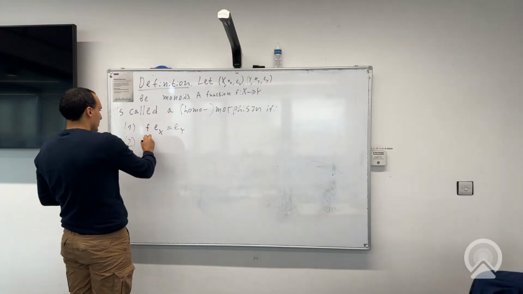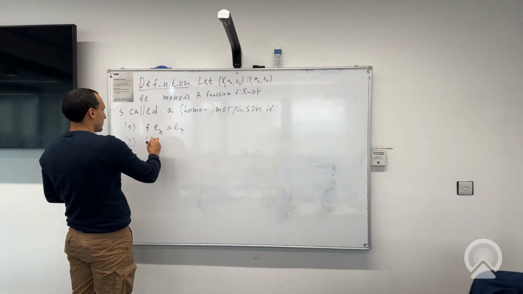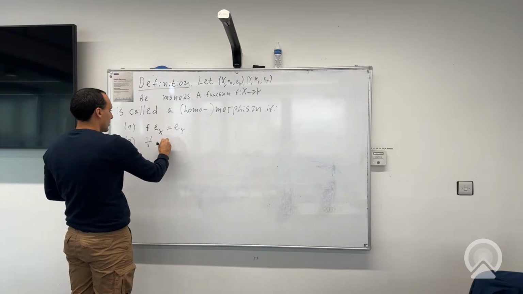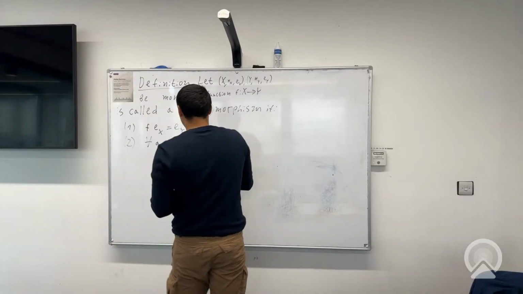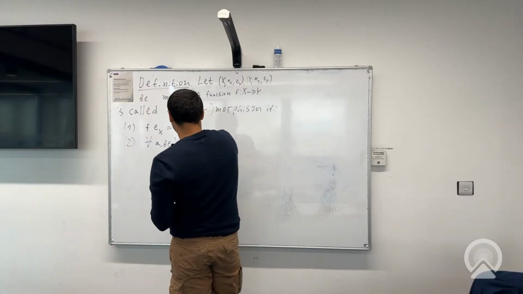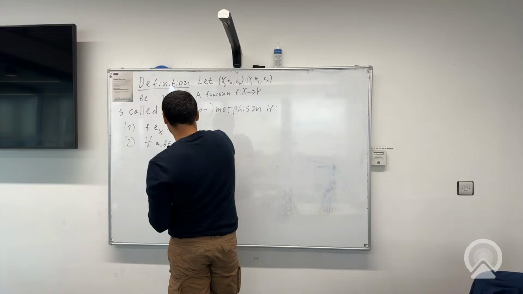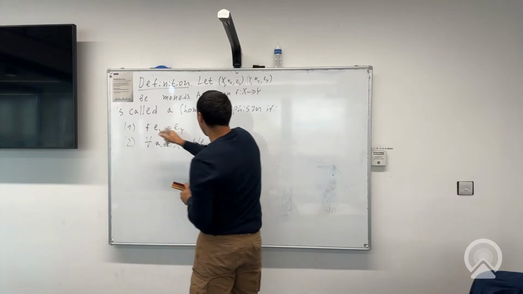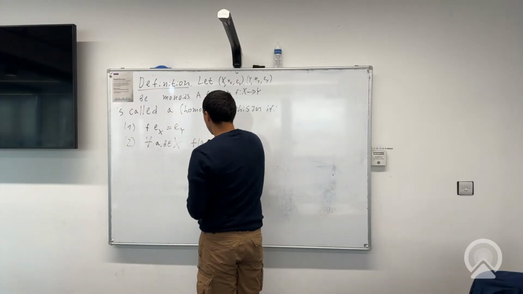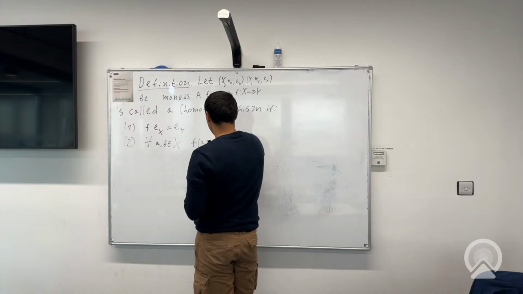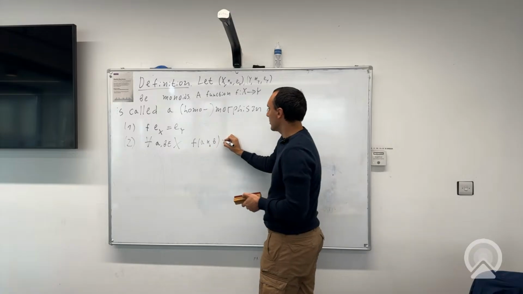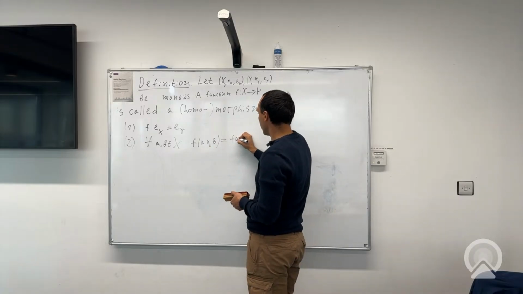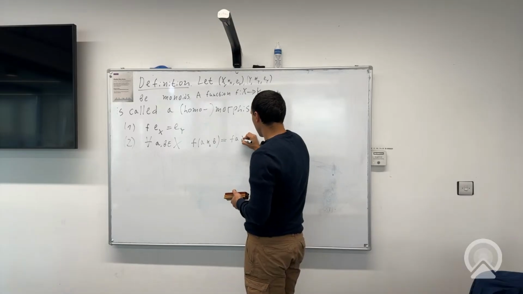So for any a and b in X, we have f of a times b, where we multiply a and b in their source set X, equals f of a times f of b, multiplied in Y.